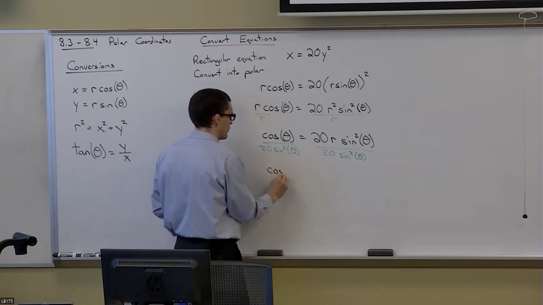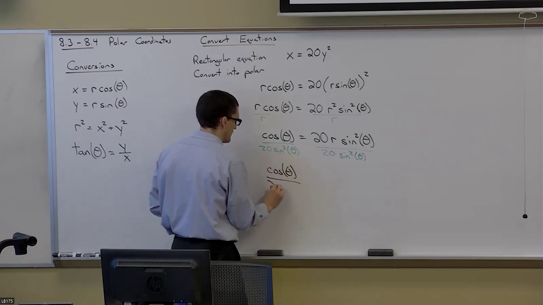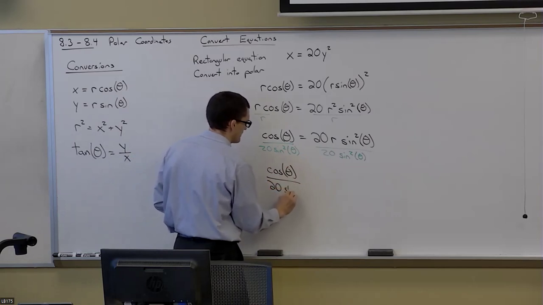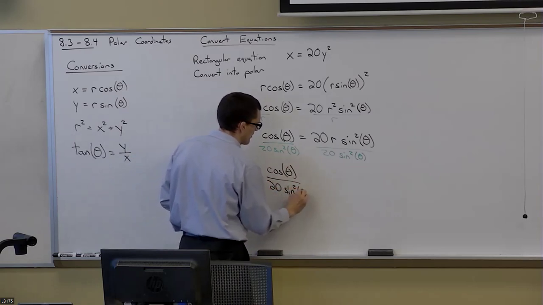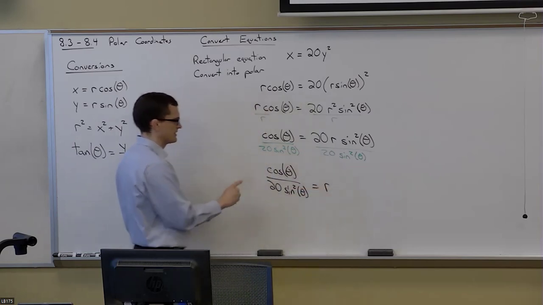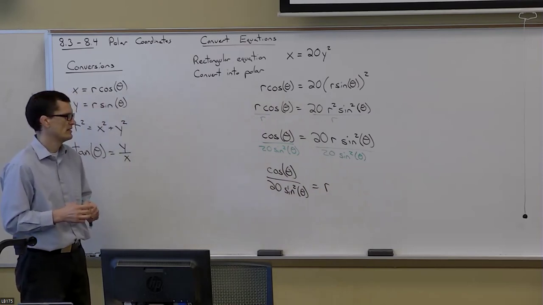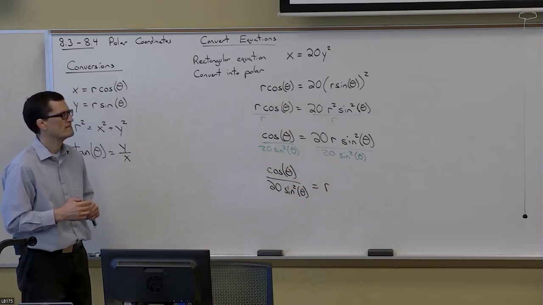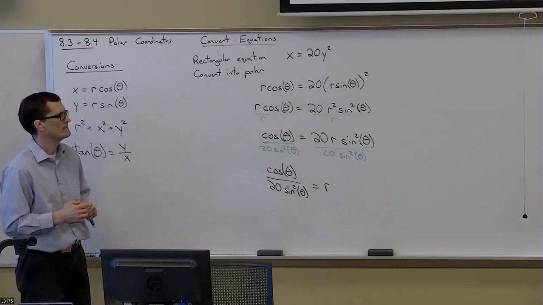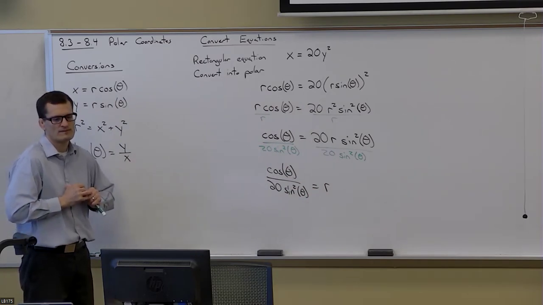So I get cosine of theta divided by 20 times sine squared of theta is equal to r, or r is equal to cosine theta divided by 20 times sine squared theta. So that's solving that equation for r.